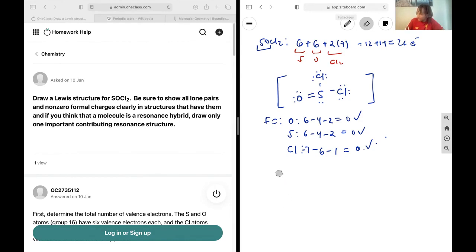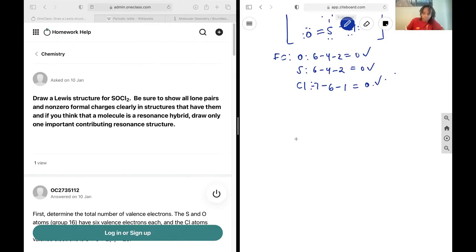And so for our resonance structures, let's just redraw this. And this is it.